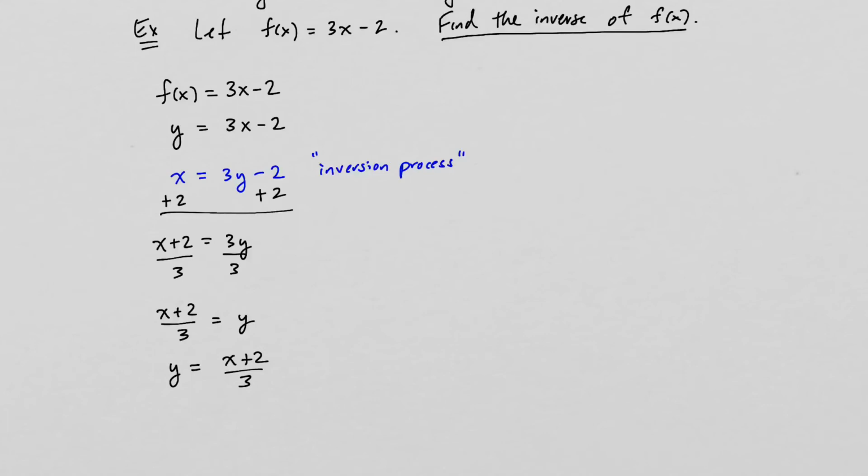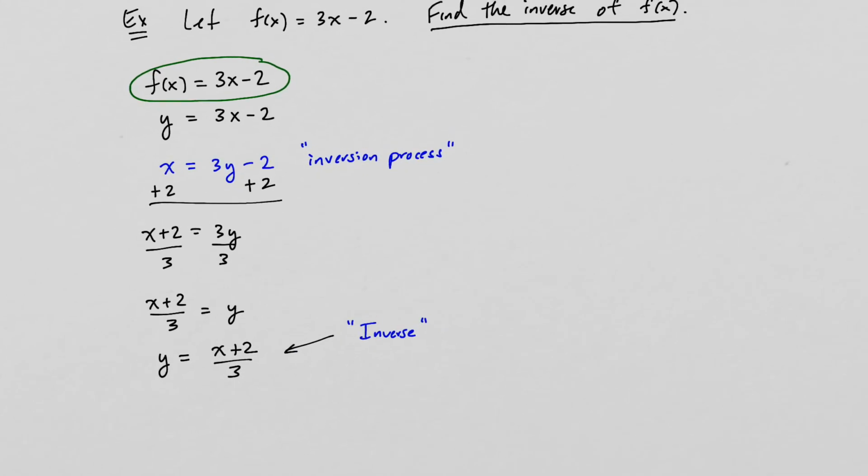And this equation right here, this is our inverse. So we started with the function f of x equals 3x minus 2, and by switching x and y and solving for the new y, we figured out that this equation gives us our so-called inverse.